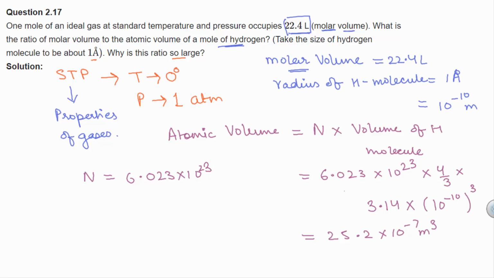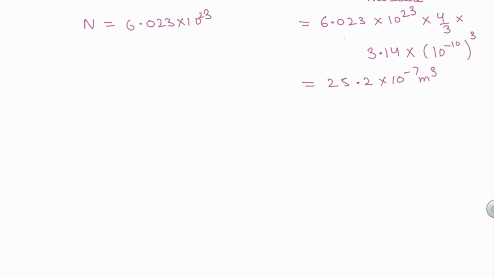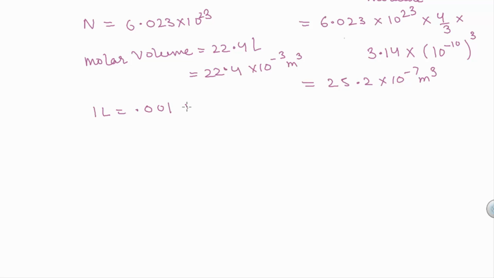Now again we already know that molar volume is equal to 22.4 liter, which is equal to 22.4 into 10 to the power minus 3 meter cube. This is because 1 liter is equal to 0.001 meter cube.